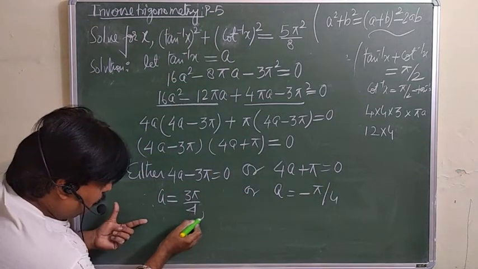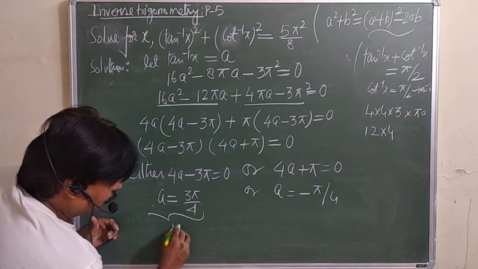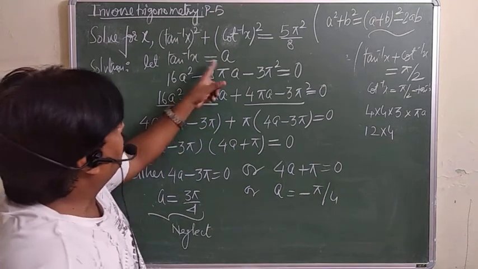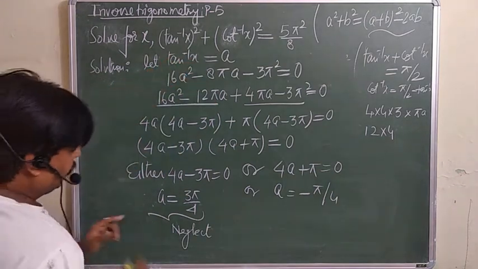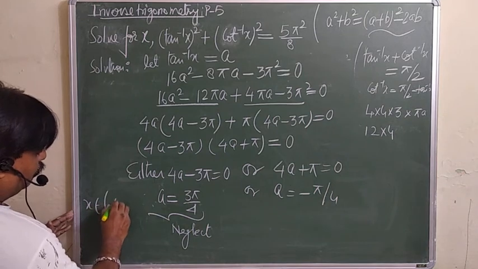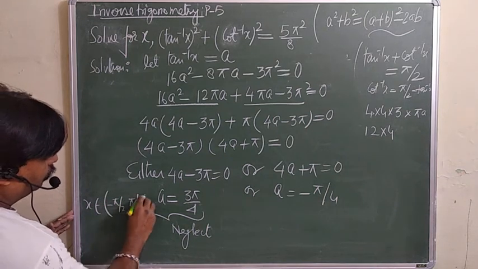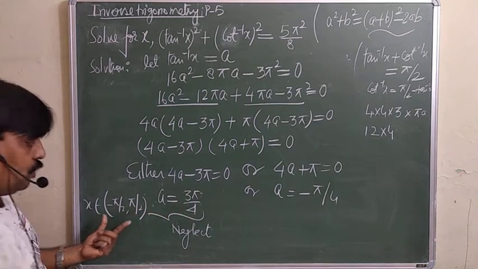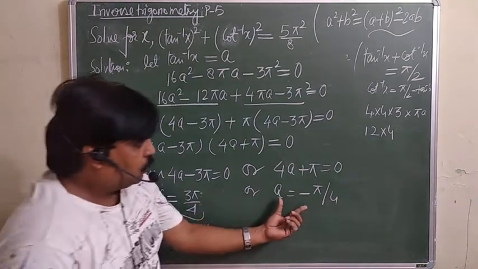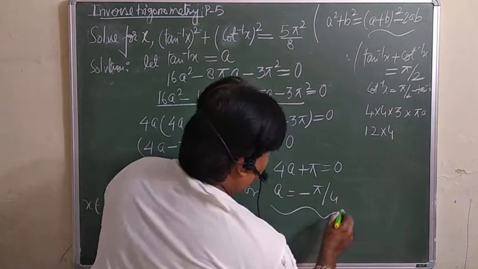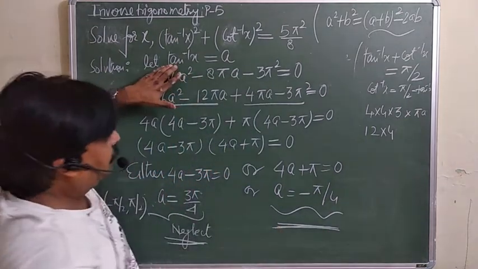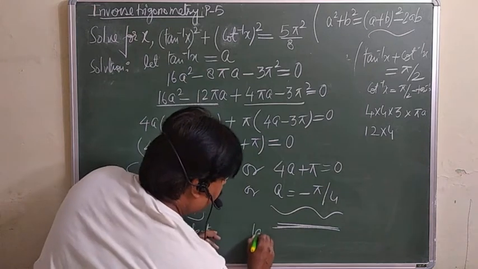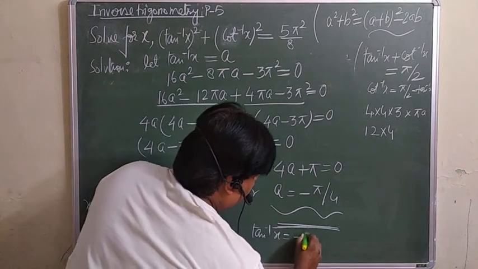This 3 pi by 4 we are going to reject. Why are we going to neglect it? Because a is already assumed to be tan inverse x, and the range of tan inverse x is minus pi by 2 to plus pi by 2, so 3 pi by 4 does not belong to this interval. So a is equal to minus pi by 4, that is tan inverse x is equal to minus pi by 4.